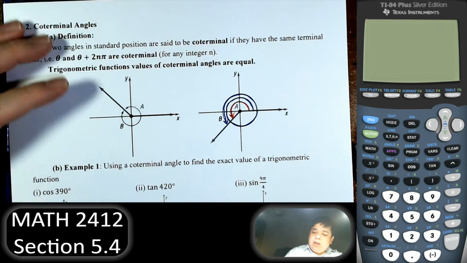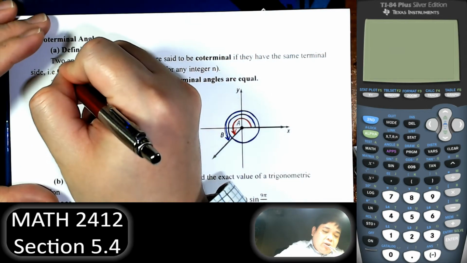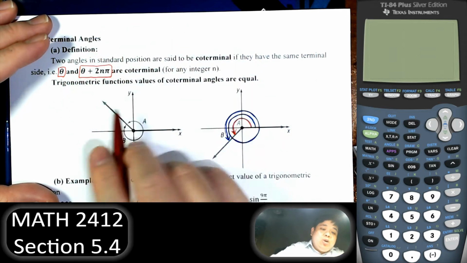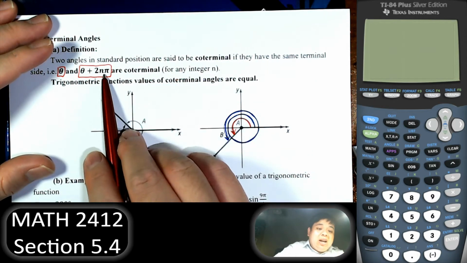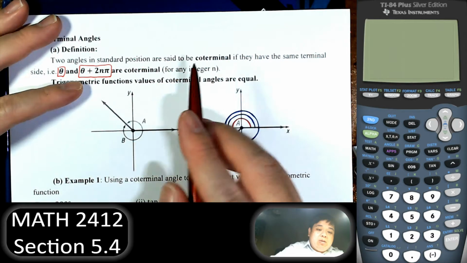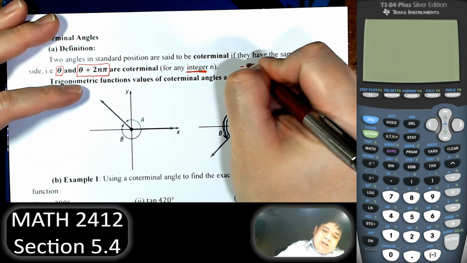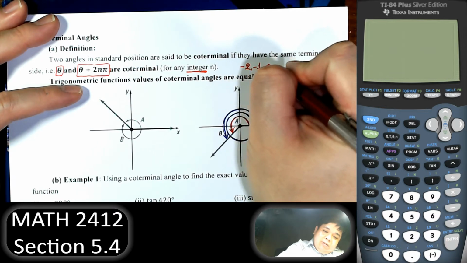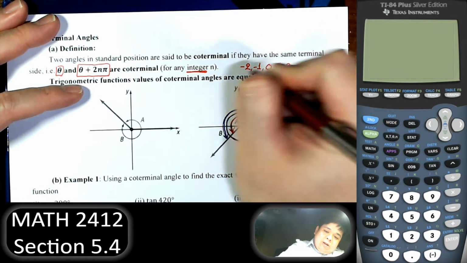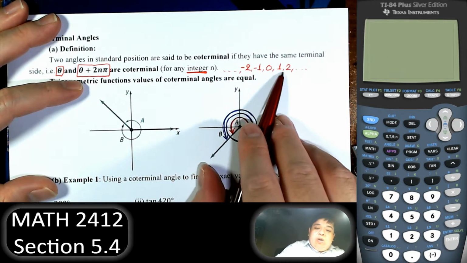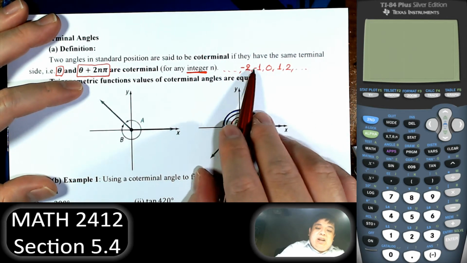All right. The key here is that coterminal angles will be theta and theta plus 2n pi. Well, n could be negative, but it has to be an integer. By the way, integers mean 0, all the natural numbers, and negative natural numbers.